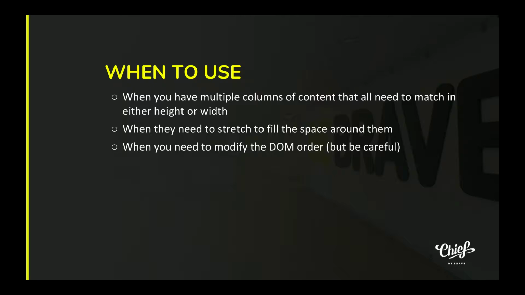When you do that, you need to be really careful about accessibility because the markup will actually remain in the same order. It's just that visually you'll be reordering it. So screen readers are going to have a really hard time if you're taking something from the bottom of your markup and putting it visually all the way at the top. It's going to be very confusing. So make sure that your hierarchy is correct.